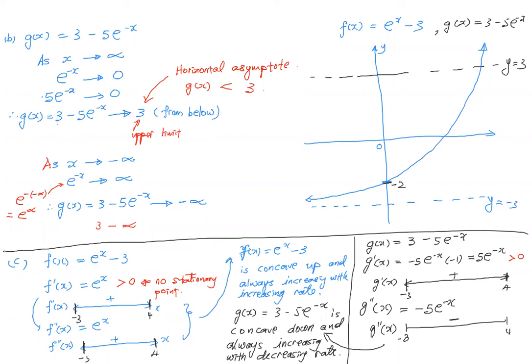So it's concave upward, and g is concave down and increasing with decreasing rate. So it should go in this way. So this is called increasing with decreasing rate.